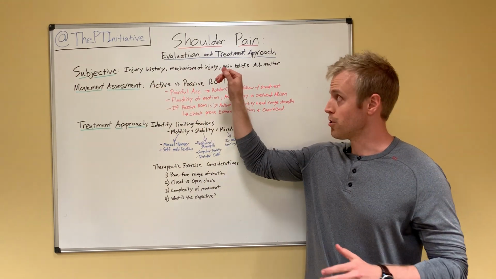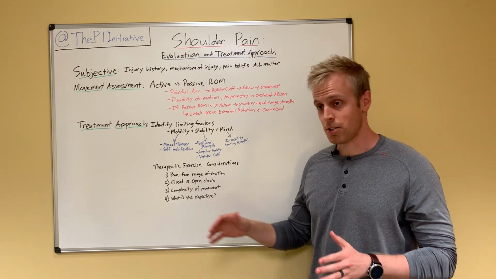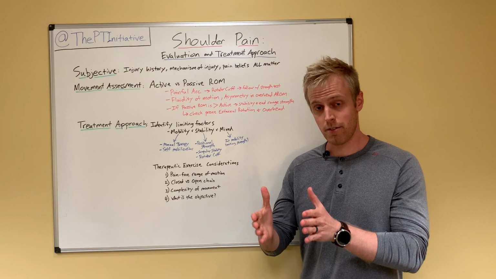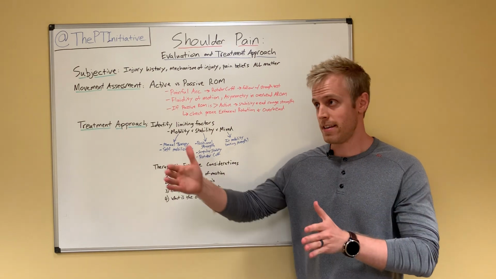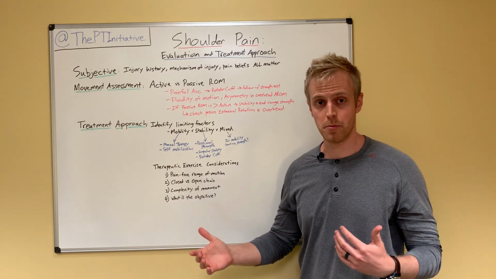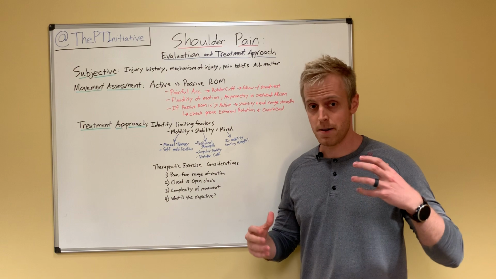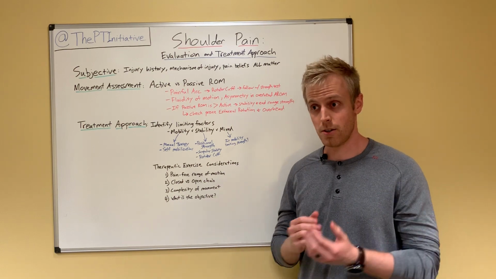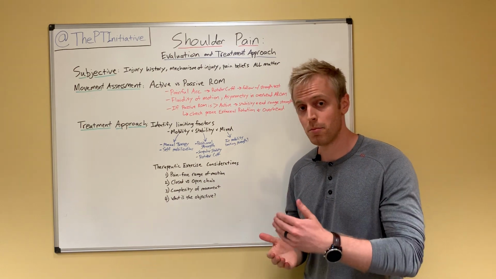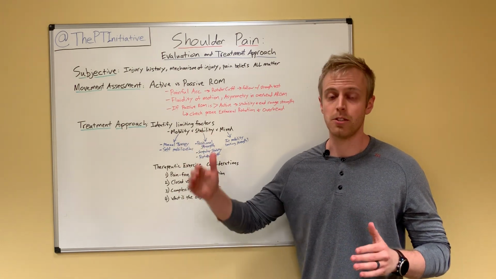What are the goals for this person? What do they want to be able to do? My exercises need to fit where they are functionally now, what they need to improve on, and then they need to have a translation to their goals and what they want to be able to do ultimately. So don't just give exercises just to give exercises. You want to have a clear objective with what you want to accomplish with that exercise and where to build from there based on that person and their goals.